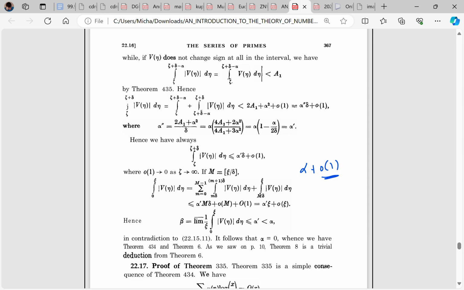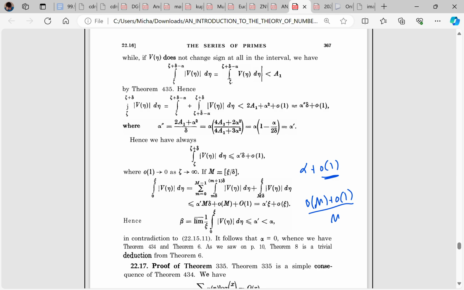The little o plus, we divide by m, that'll go to 0. Because this has already gone to 0, so that can go with the little o of m. The alpha is just a constant. Wonder if I did that right.